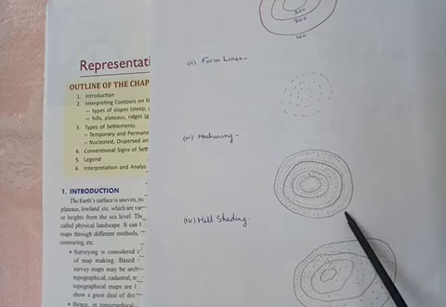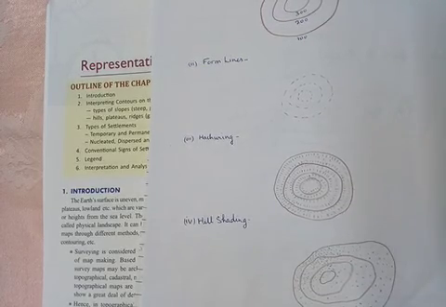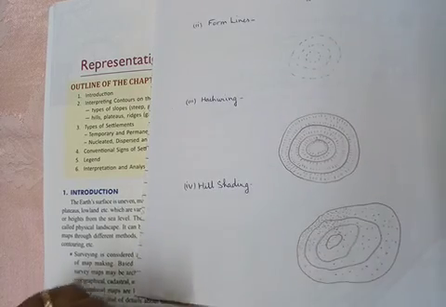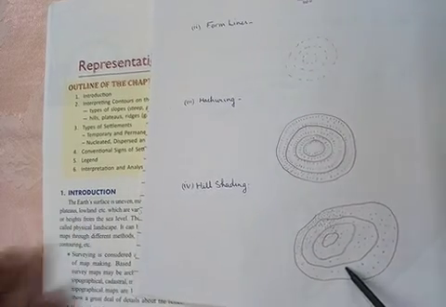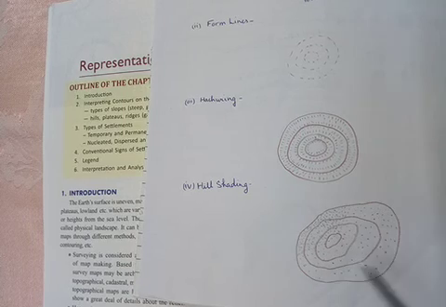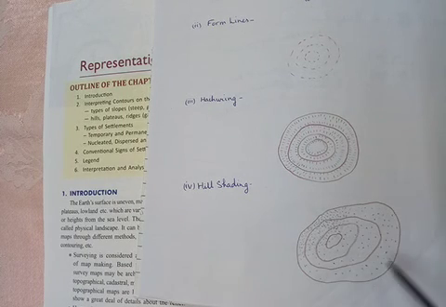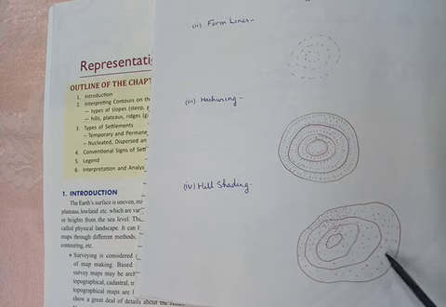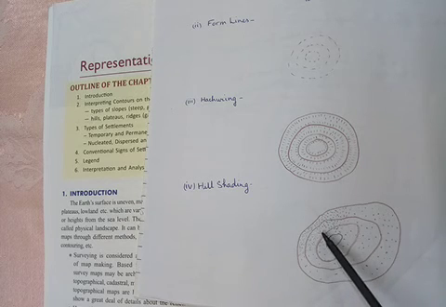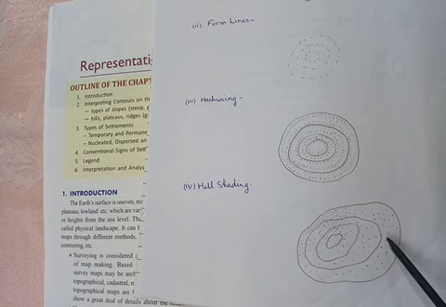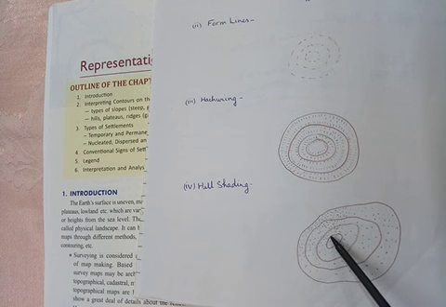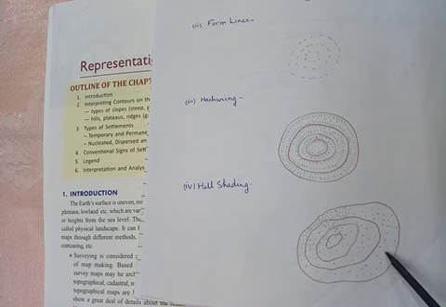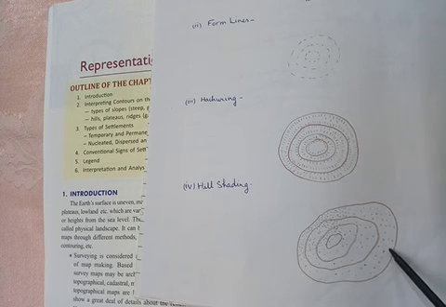This is the old method; you are not going to find it in the latest topographical maps. Another method is hill shading. Here again the contour lines are there, but the slope is shown by dark shade and light shade. Dark shade shows the steep slope, and light shade shows the gentle slope.